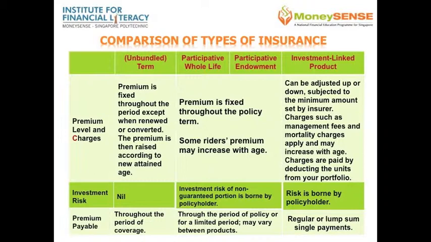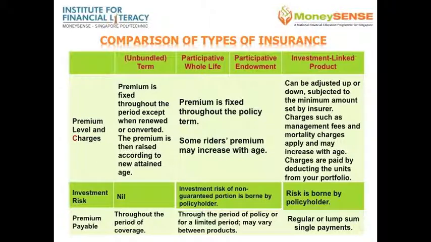Charges can be paid by deducting the units from your portfolio. In terms of investment risk, there's no investment risk in term because there's no cash value. For whole life and endowment plan, the investment risk will be the non-guaranteed portion, which will be borne by the policyholder. And for investment-linked product, the risk is 100% borne by the policyholder.